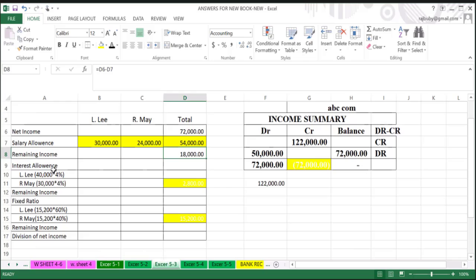Share the remainder on a 60-40 basis, 60 to Lee and 40 to May. Average capital account balances for the year were 40,000 for Lee and 30,000 for May. Prepare a schedule dividing the net income between the two partners and prepare the closing entry for net income.